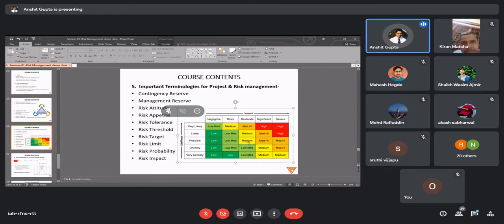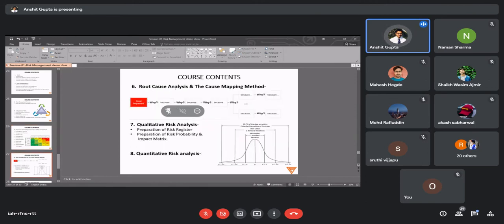This is what a risk impact table looks like. It divides your risk into green, yellow, red, that is low, medium, high. These are the possibilities of risk, that is very unlikely, unlikely, possible, likely, or very likely. And this is negligible impact, minor impact, moderate impact, significant impact, or very severe impact. This is the kind of table that we prepare.